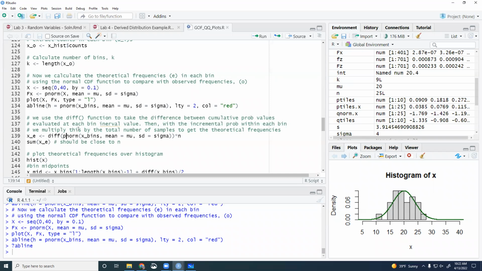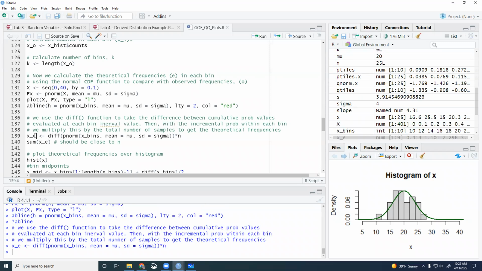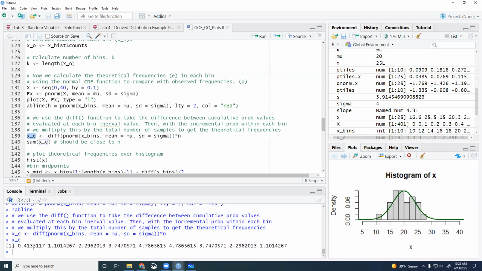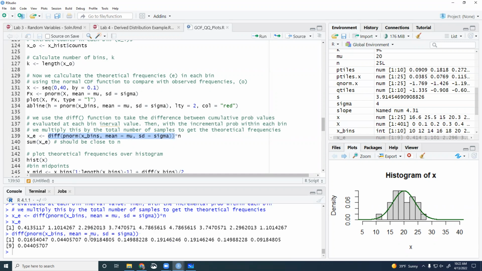All right, now we're going to use the diff function to extract the expected cumulative probabilities. Or sorry, in this case, this is just going to be counts. So what I did is I said, give me the cumulative probabilities, which is this. And then the maximum is about 20%, like I said, in the middle.